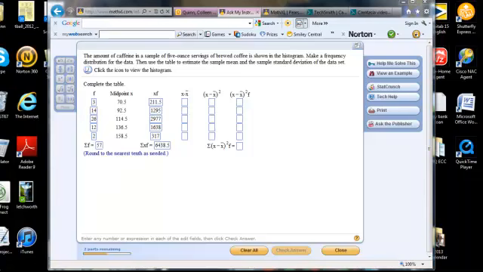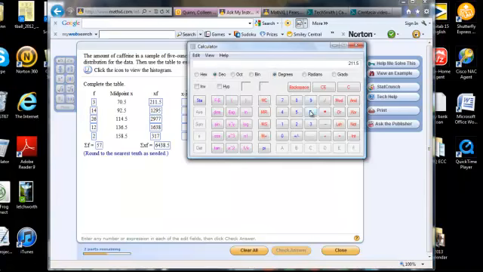So I'm going to get my calculator up, and I'm going to do 6,438.5 divided by 57. And I get 112.956.